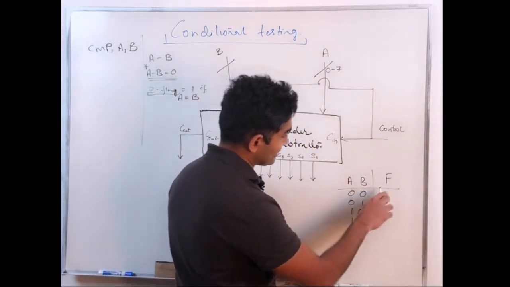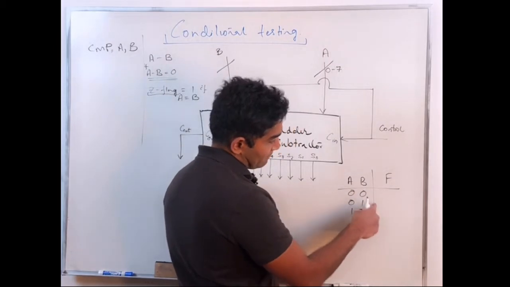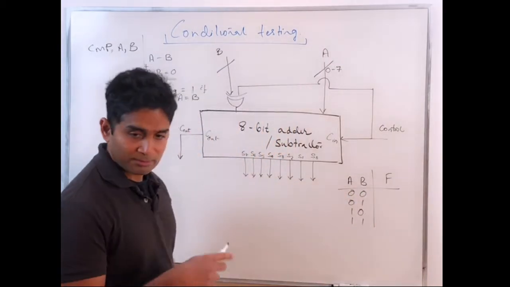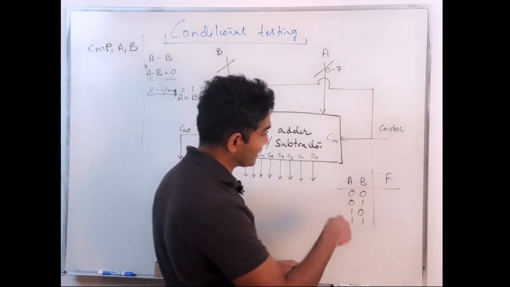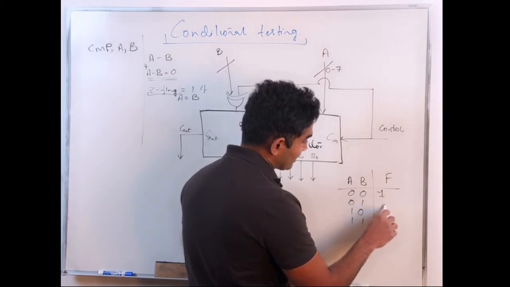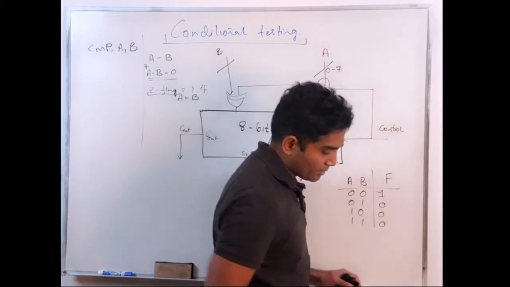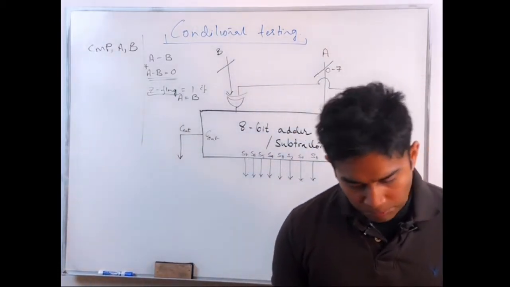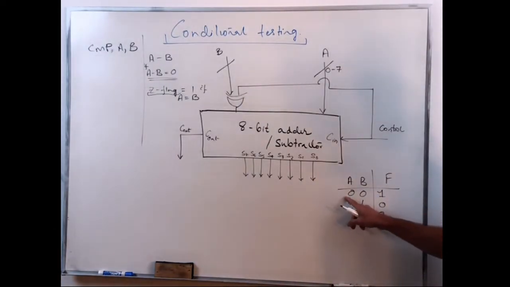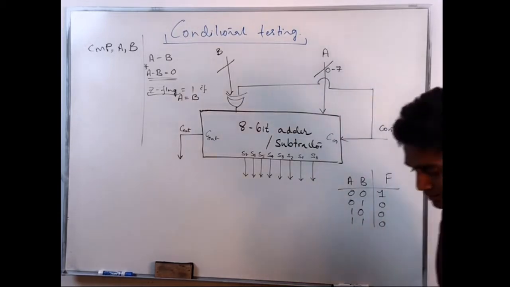For an OR gate, all outputs are 1 except for the 0, 0 condition. For the NOR gate, for 0, 0 I have 1, and the rest of them are all 0. So a NOR gate gives you an output of 1 only when all the inputs to the NOR gate are 0.